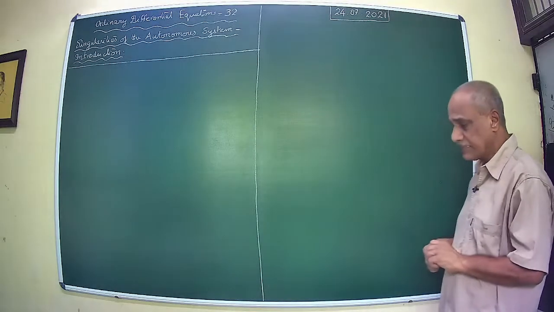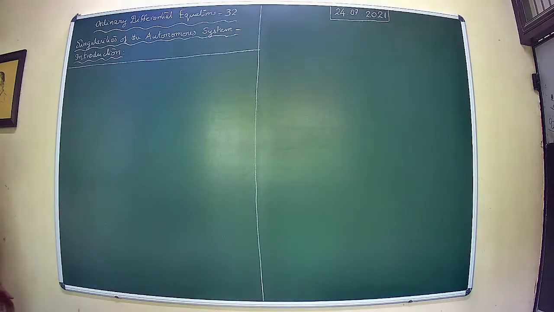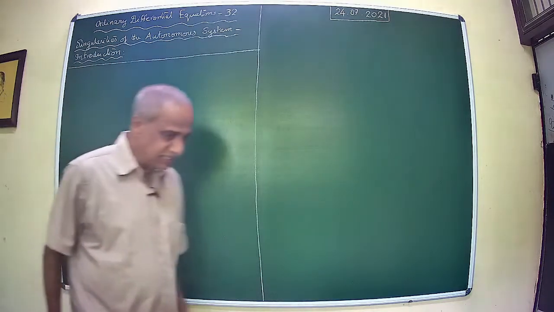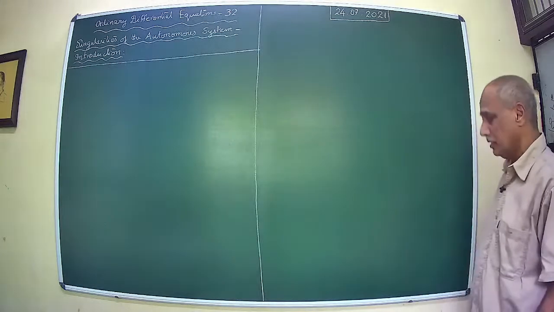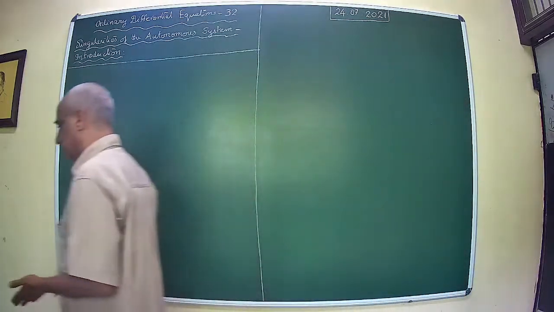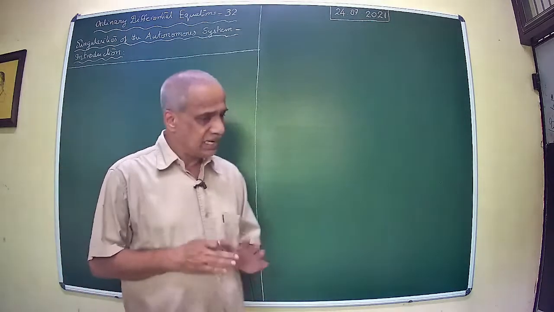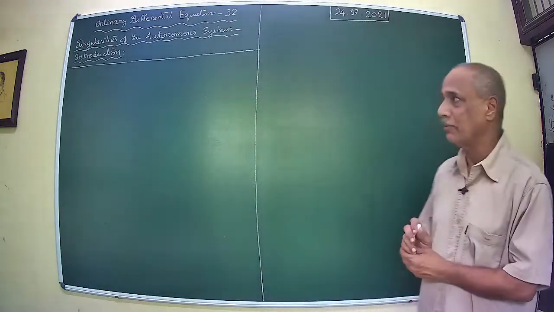So, as I was telling, it is not easy to find or explicitly solve differential equations. However, we would like to see whether the properties of the solution can be read out from the properties of the relevant functions appearing in the differential equation. Now, this is how the theory has been developed.